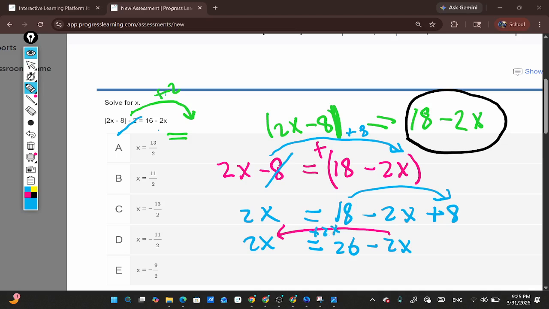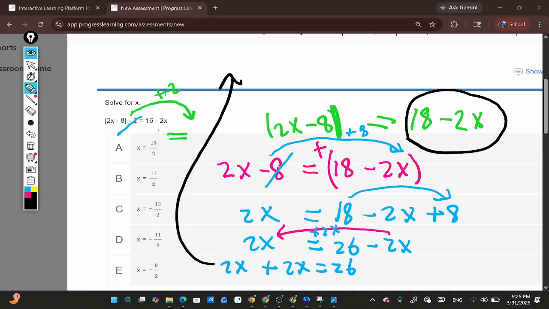So we have now 2x added to 2x equal 26. Now we need to use combining like terms, which is 2x plus 2x, which is 4x equal 26. And finally, we have x equal to 26 divided by 4.